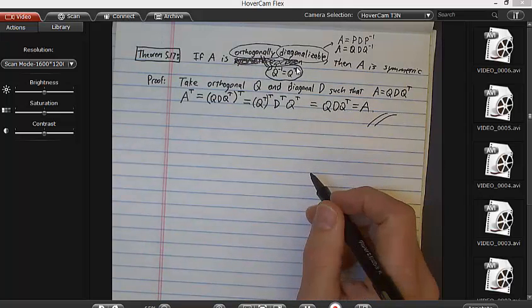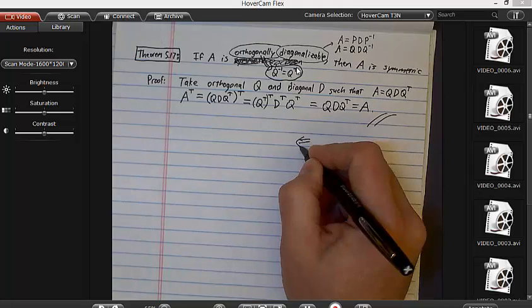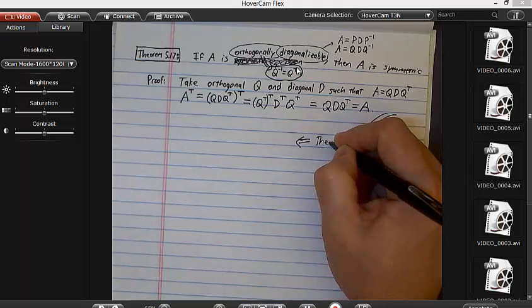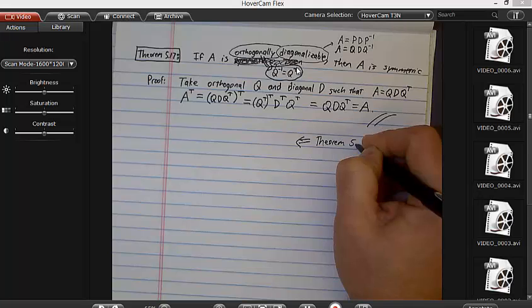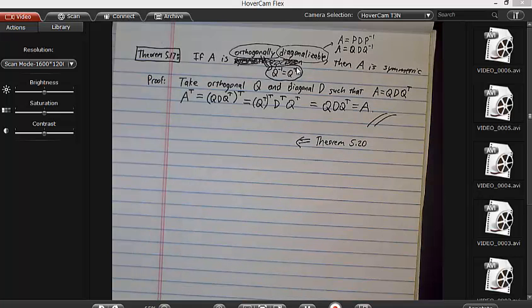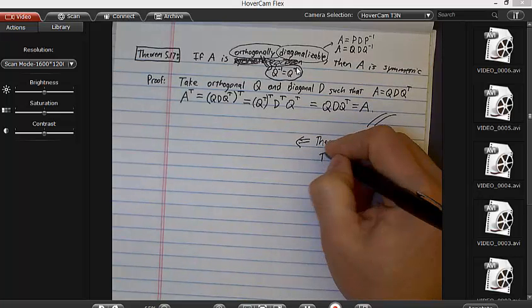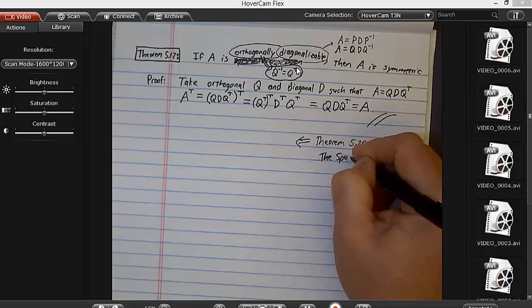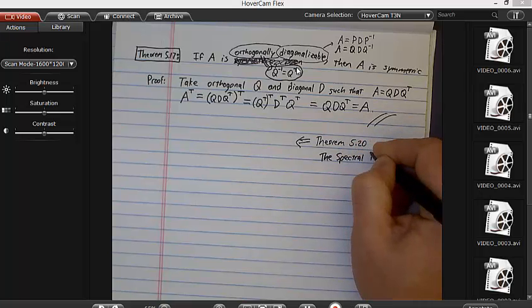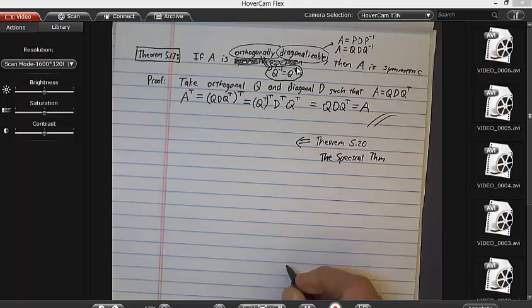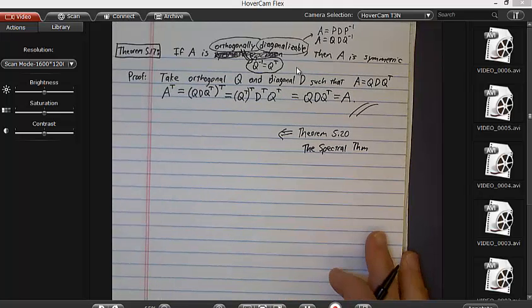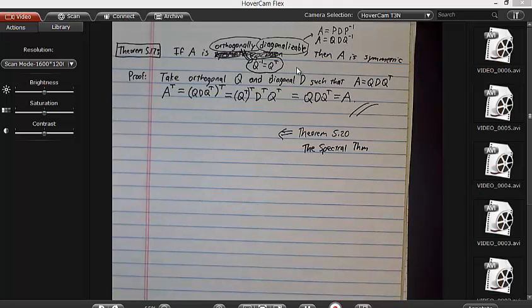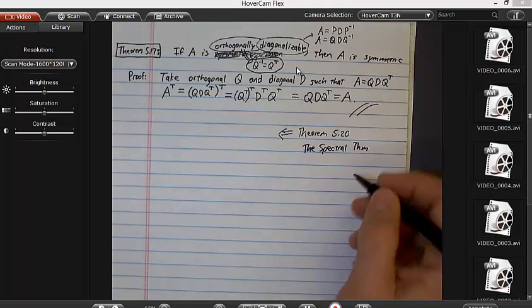Now, the other way, that's theorem 5.20, and it's what your book calls the spectral theorem. Actually, if you're looking for the answer to today's quiz question, it was the following.